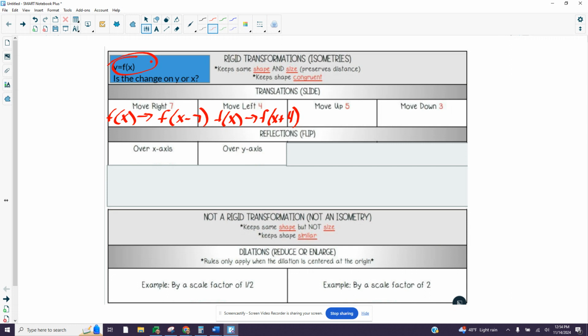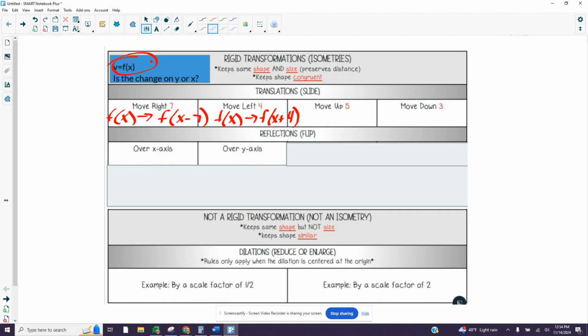Okay? So let's look at sliding up and sliding down. Is the change on the y value or the x value? If you're going up or down, you're changing your y value. Your x's stay the same. The x values are going to stay the same.